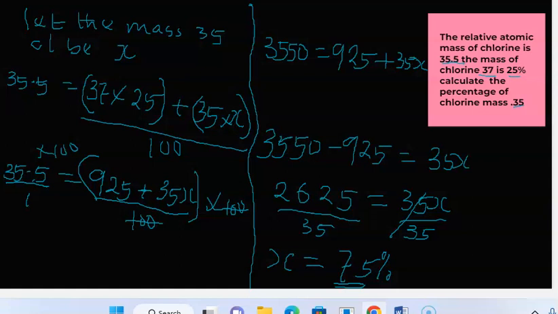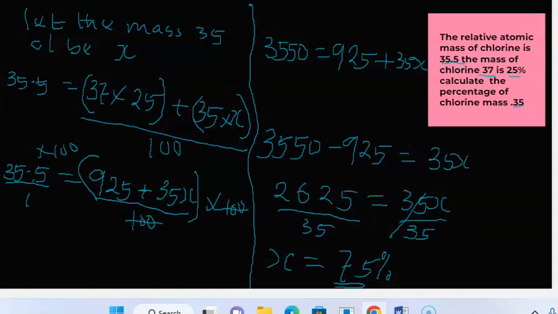So you have already created an equation, but one side is a fraction and the other is a whole number. To make all of them fractions, the 35.5 on the left side has a hidden 1 under it, so 1 is here. Then you look for the LCM of 1 and 100, which is always 100. Then to create a linear equation so that you can get the value of x, you multiply both sides by 100.